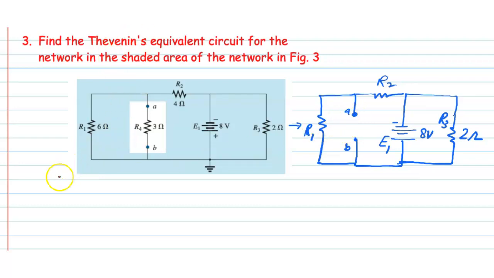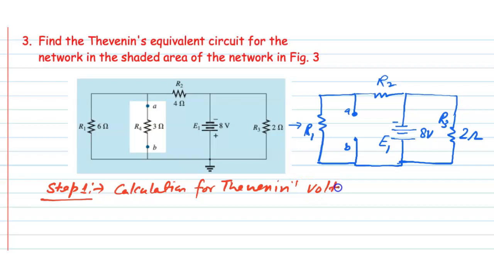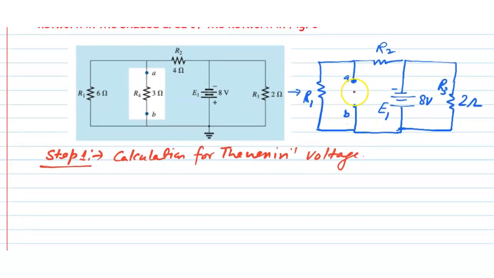Step number 1, calculation for Thevenin voltage. So you can see the voltage appearing here when the load is removed from the circuit. The voltage appearing here is known as the Thevenin voltage. Suppose this voltage is VAB, that is the open circuit voltage.